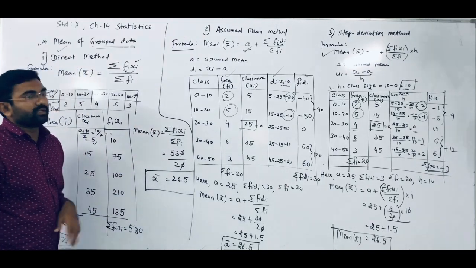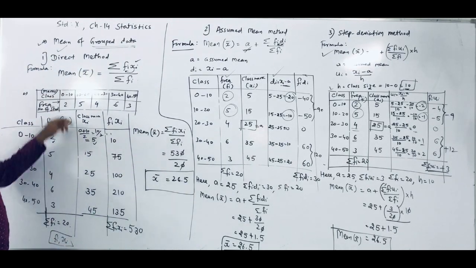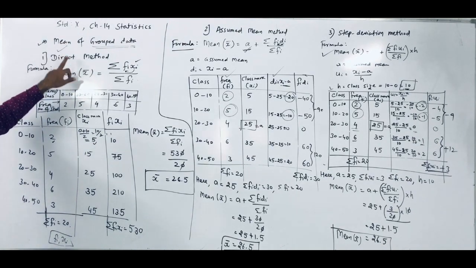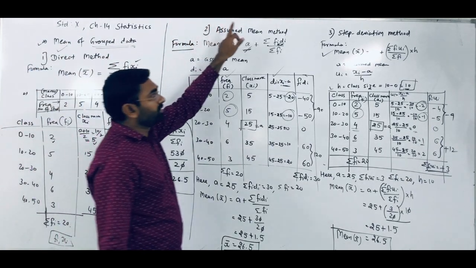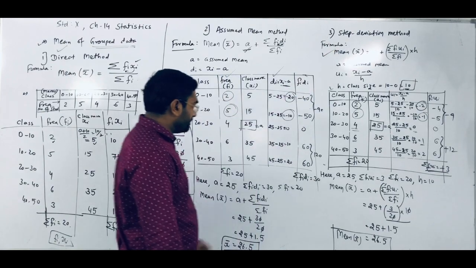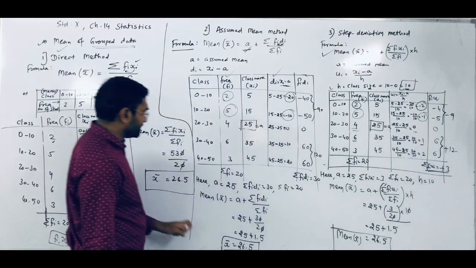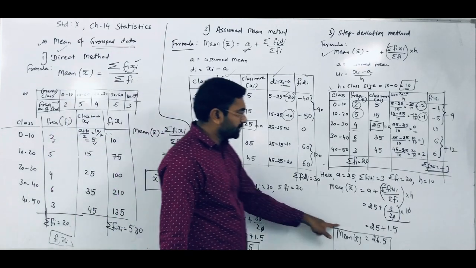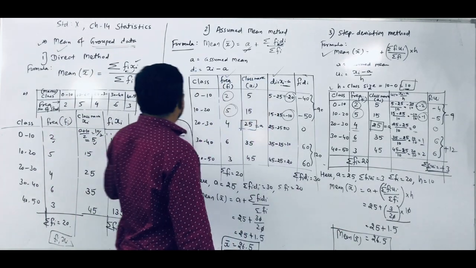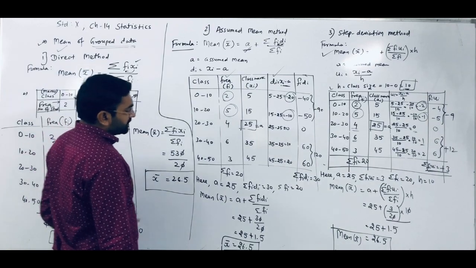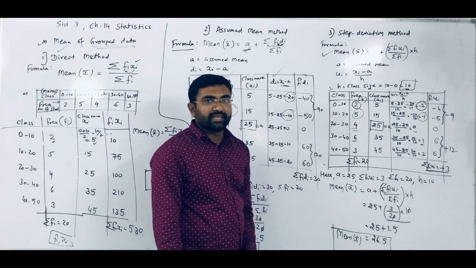Now what do we conclude? We conclude that the mean we find by the direct method, assumed mean method and step deviation method gives the same answer. Observe here, we get the same answer: 26.5, 26.5 and 26.5. Right? For the same observations we calculate the mean, and we get the same answer.